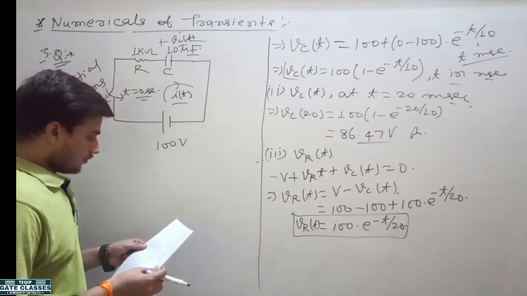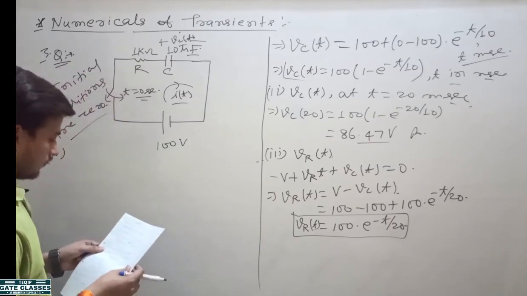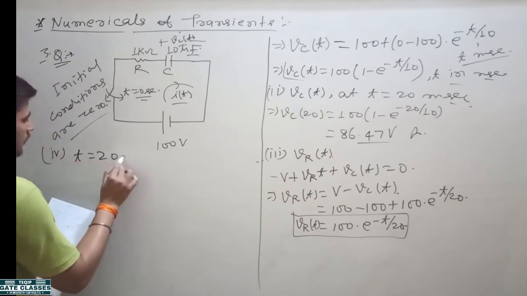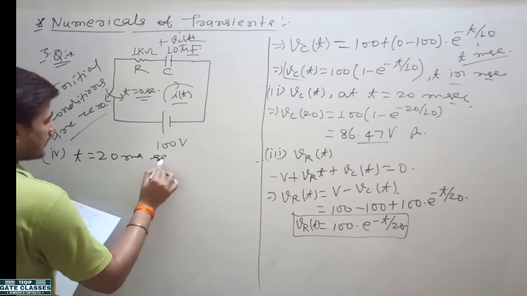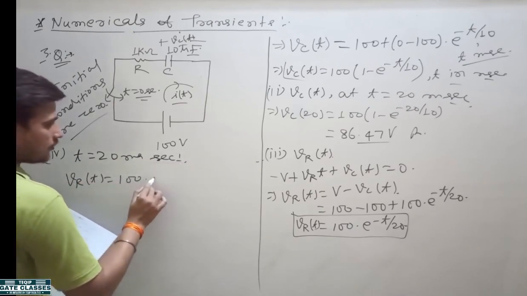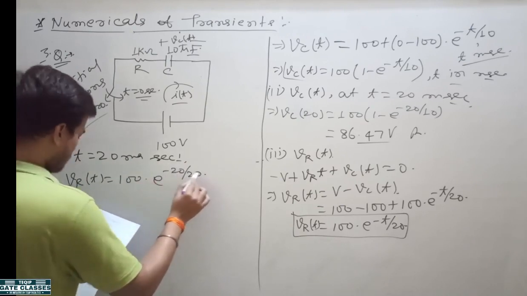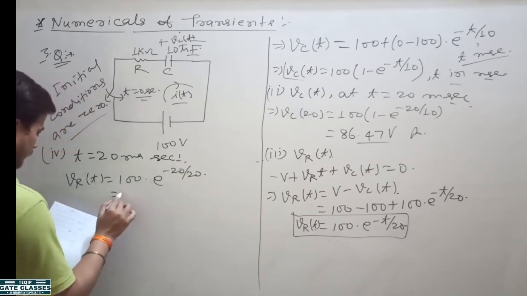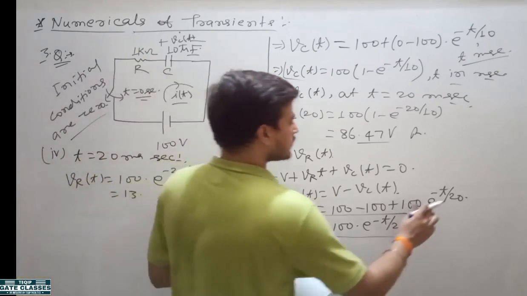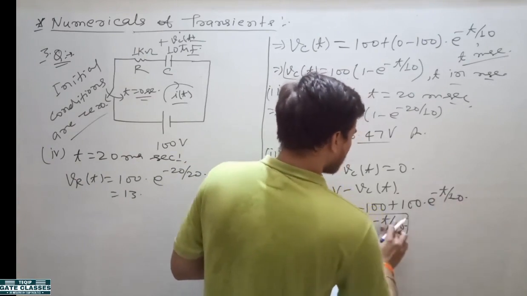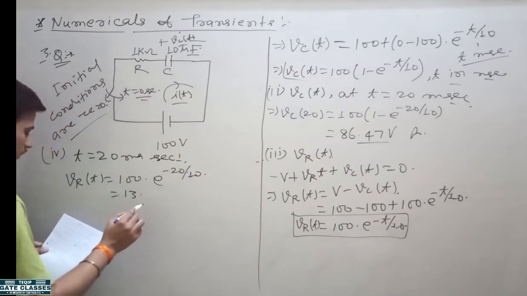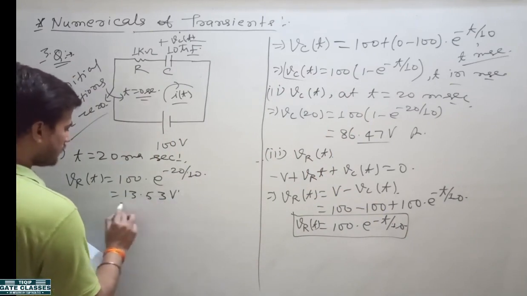So VR(t) will be 100 into e to the power minus 20 upon 10. Here it is 10 because the time constant is 10. So here it is 13.53 volt as the answer.